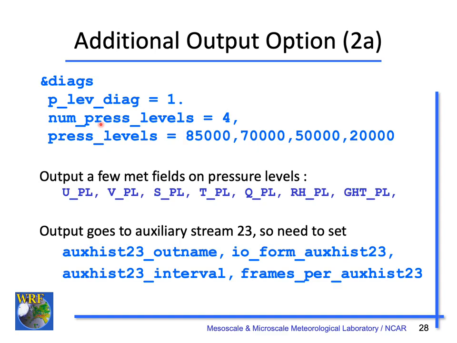And the variables in this output will be more familiar to us, such as temperature, relative humidity, and the geopotential height. The output goes to output stream 23, and the I/O variables associated with stream 23 need to be set in the namelist file.